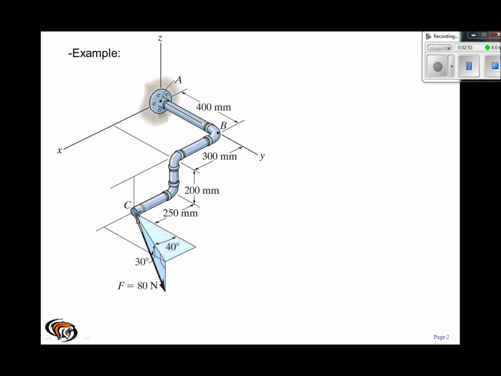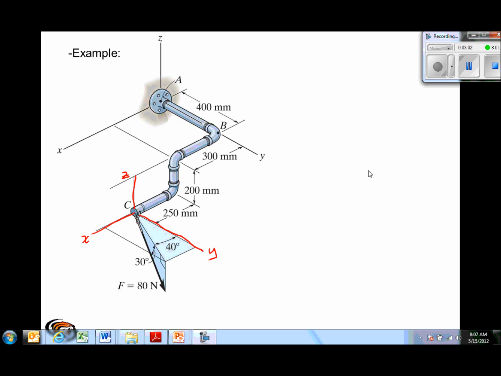First thing we want to do is place the coordinate system on point C, move it from point A to point C. The next thing we want to do is break up the 80 Newton force into components along the vertical direction, and a horizontal component on the xy plane.